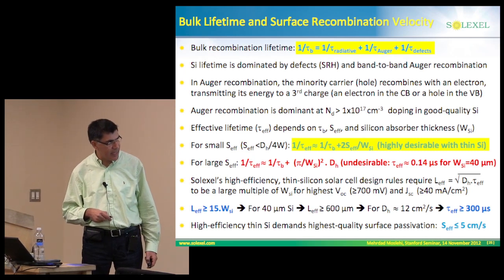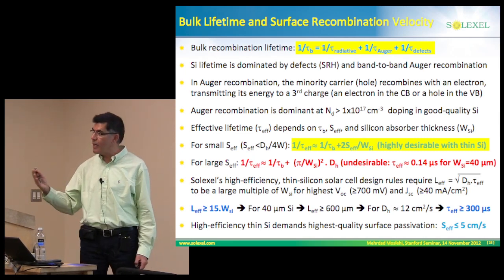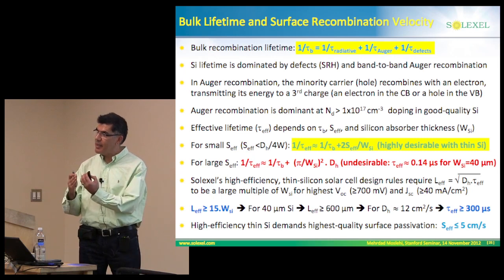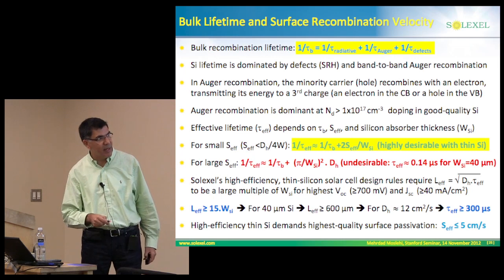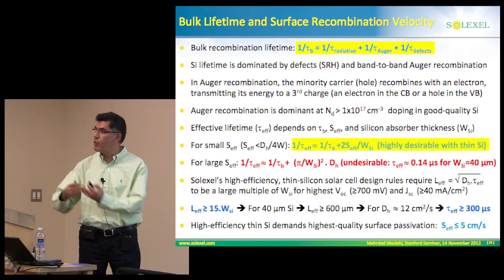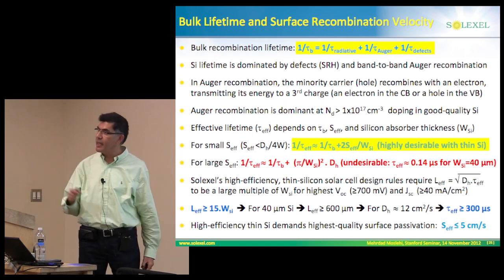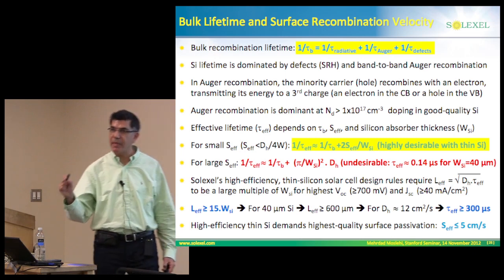You can see that again, for a given material quality, you would much rather be thinner as long as you have very good surface passivation. Now, if my silicon thickness goes 4 times higher than 40 micron, into the wafer range, then my lifetime has to be at least 16 times better.